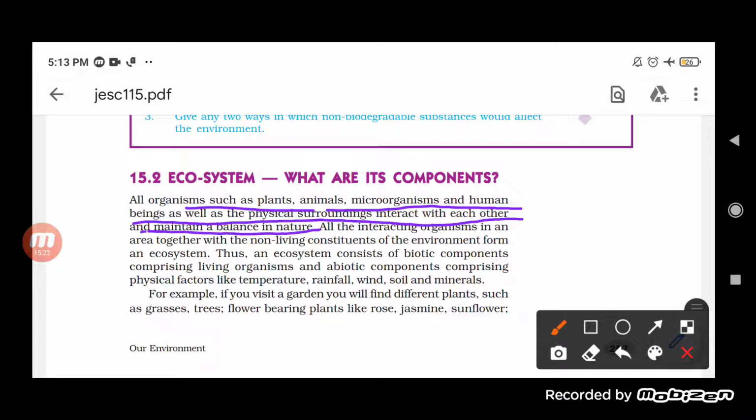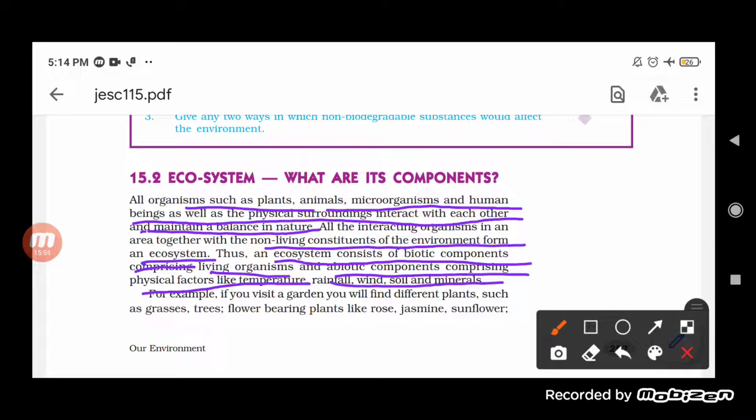Even if we talk about the interacting organisms in an area together, they include the non-living constituents of the environment that form the ecosystem. So we can say here that the most important thing is that the ecosystem comprises living organisms, the biotic component, and the abiotic component, which comprises physical factors like temperature, rainfall, wind, soil and minerals.